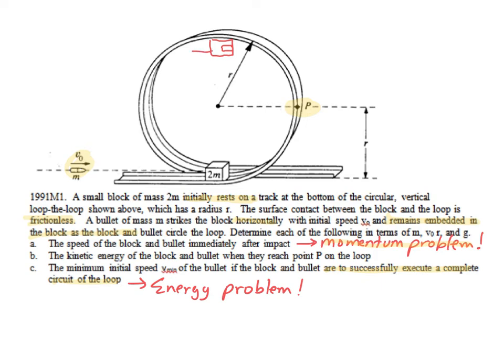So that would mean the bullet's minimum speed down here would give the bullet in the block the minimum speed at the top of the loop to be able to execute a complete circuit of the loop, meaning at v min. Remember in class today what we said? There's something that is 0 at the minimum speed at the top of this loop. That's also an energy problem.